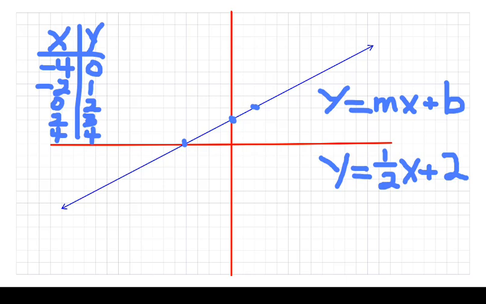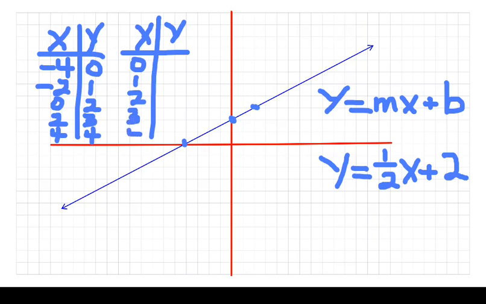So that is my original equation here, and I'm going to find its inverse by making another xy table over here. I'm just going to switch the x and y values. The column that was y in the first one, I'm going to make my x's in my second table. And the column that was x, I'm going to make those y in my second table.